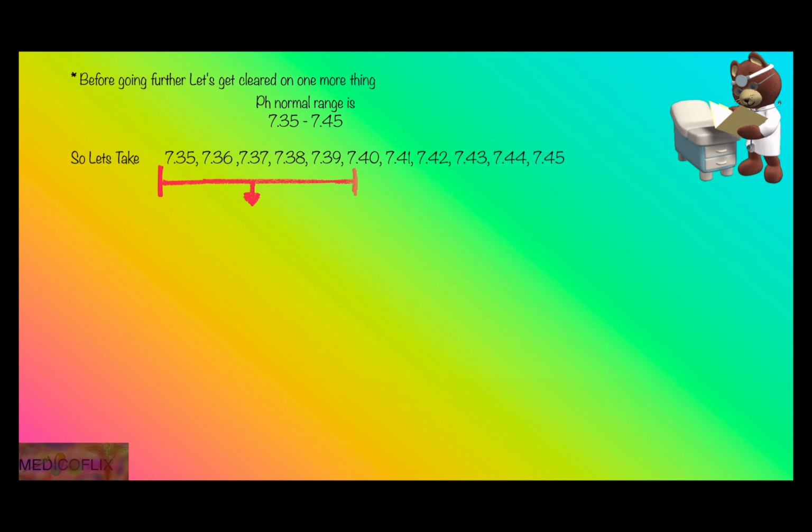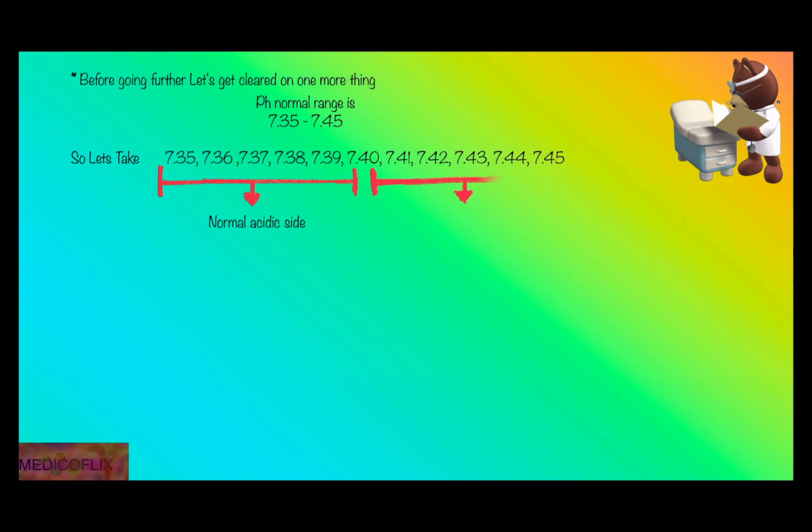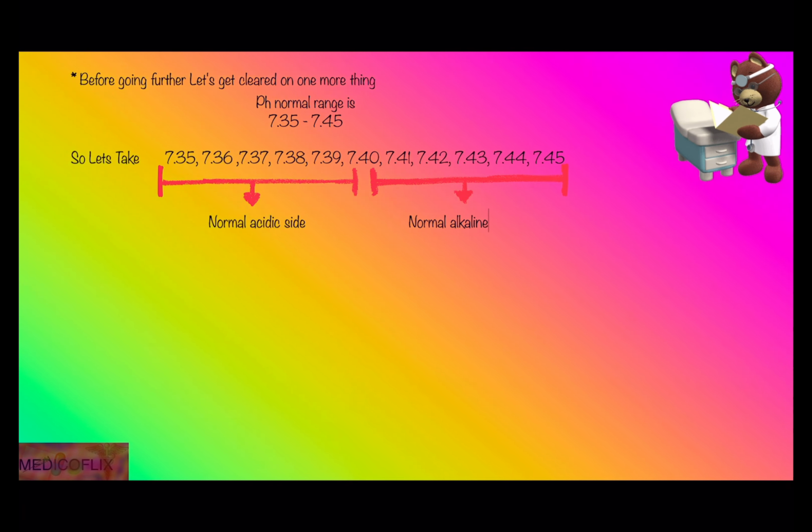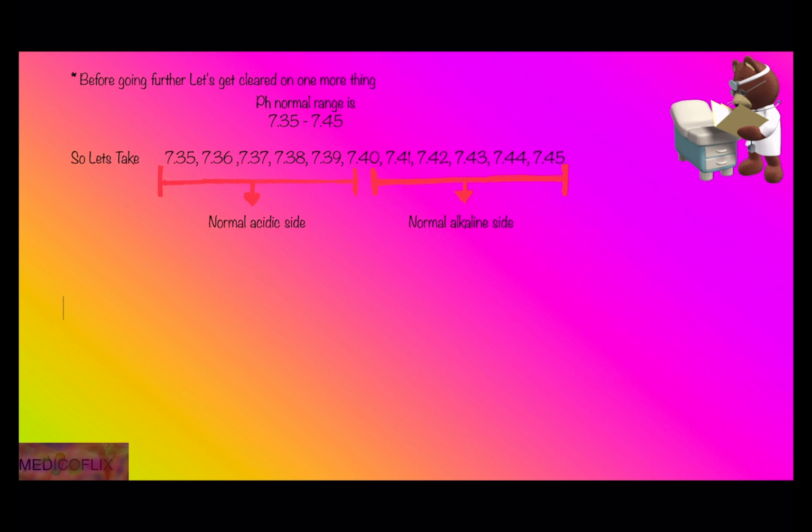Here from 7.35 to 7.40 shows normal acidic side, and from 7.40 to 7.45 shows normal alkaline side. So let's remember this range.